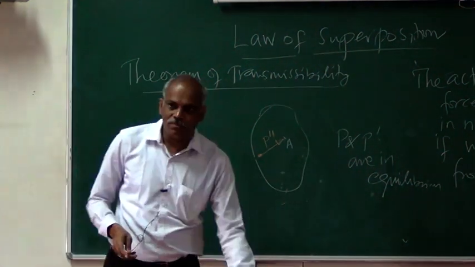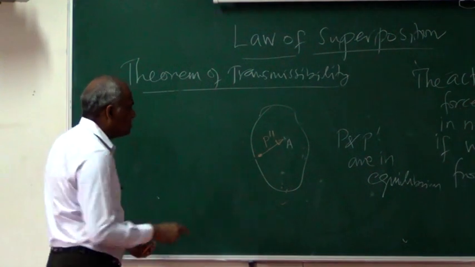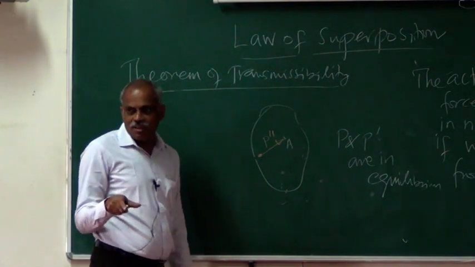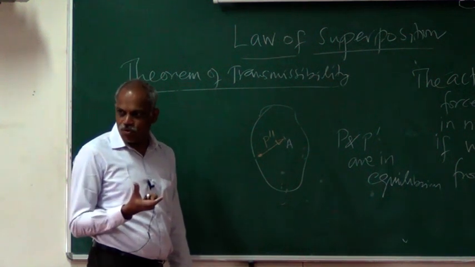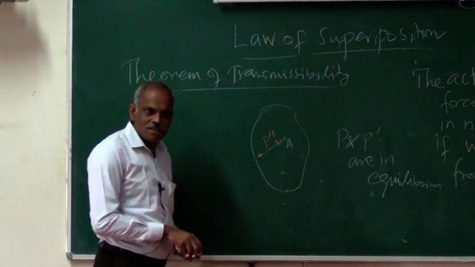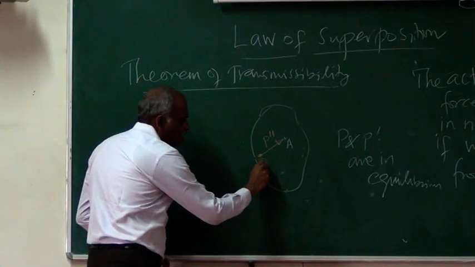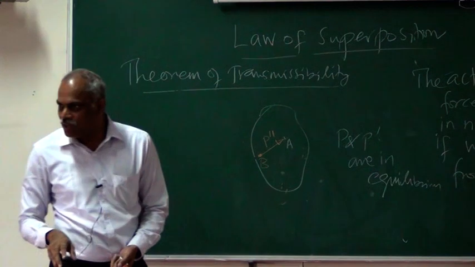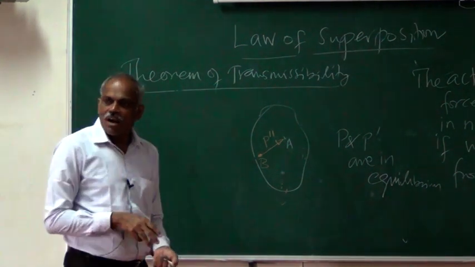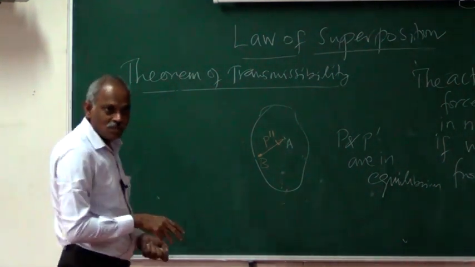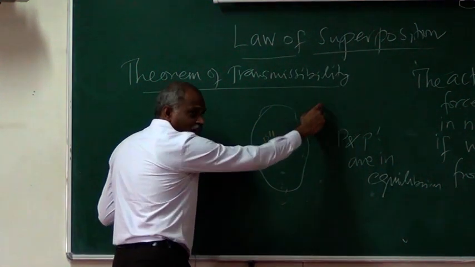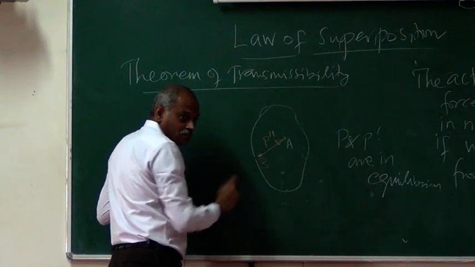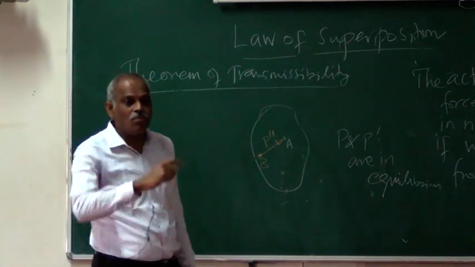Now what I end up with is a force P double dash which has a magnitude of P and the direction of the original force P, but the only thing is now the point of application is shifted to B. From A it has been shifted to B. So using this I prove that the point of application of force can be moved.